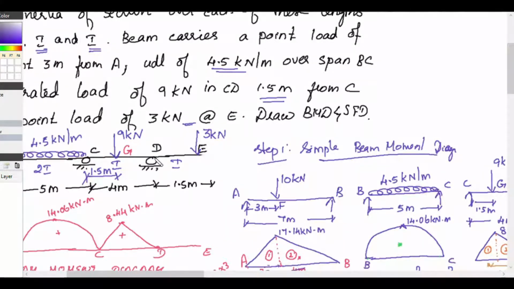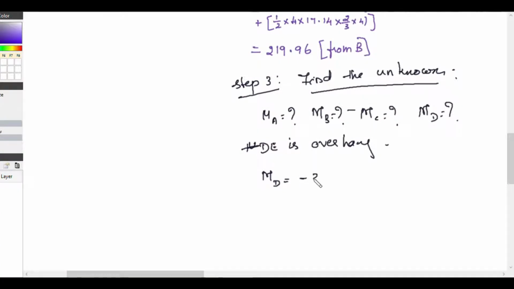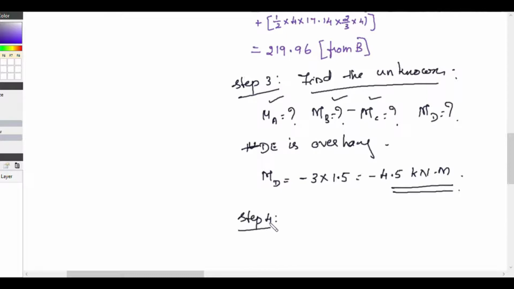So minus 3 into 1.5, we get minus 4.5 kilonewton meter. So this is moment at D. Now, we have only 3 unknowns, A, B and C. So we need 3 moment equations. So step 4, we are going to apply the 3 moment equations.